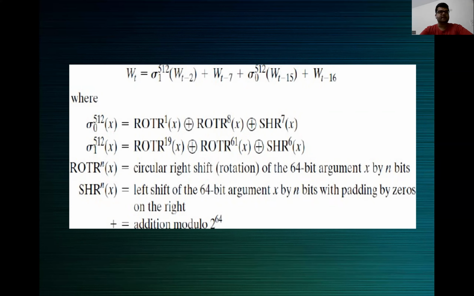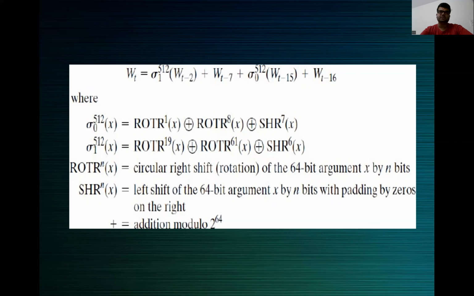And then sigma1 512 of x equals ROTR raised to power 19 of x XOR ROTR raised to power 61 of x XOR SHR raised to power 6 of x.